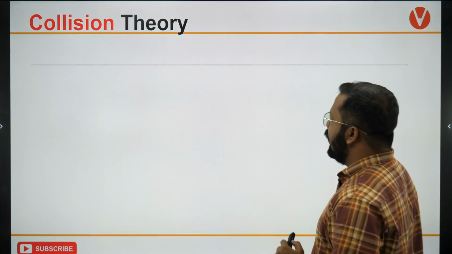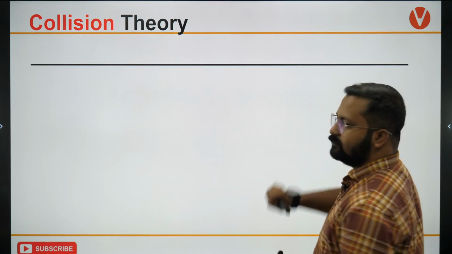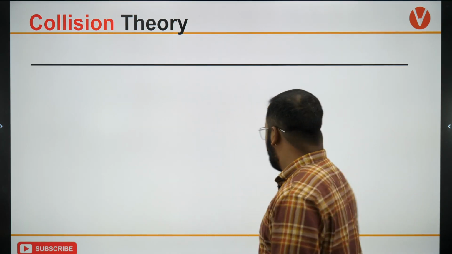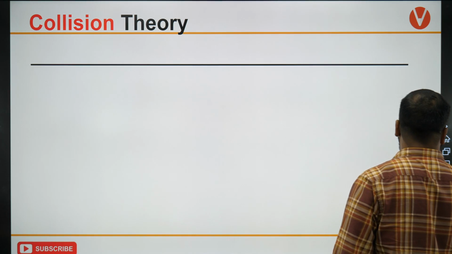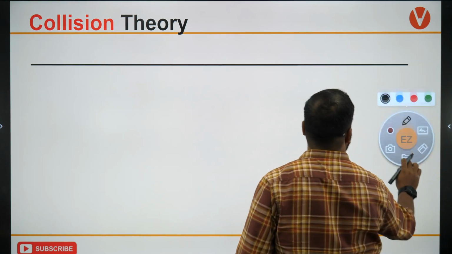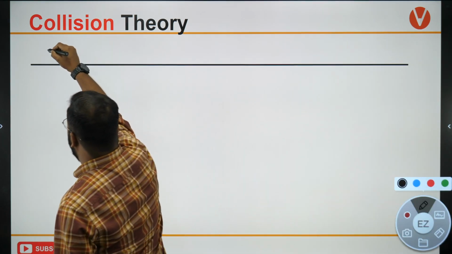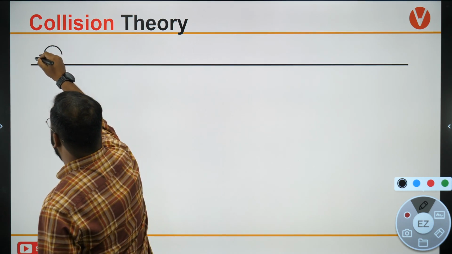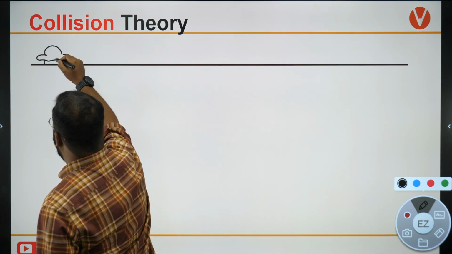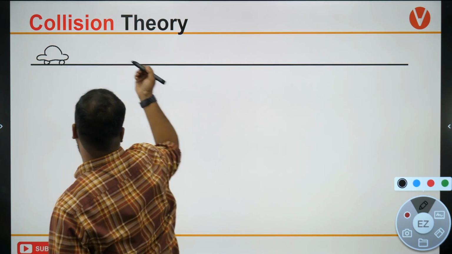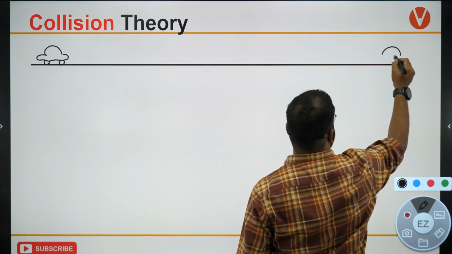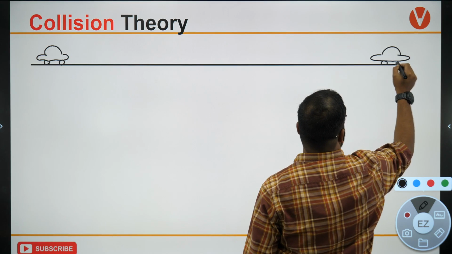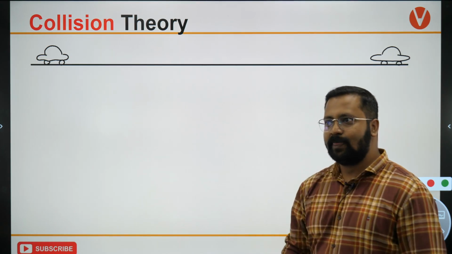So I am taking a path. एक road है. On this road there is a car. This is the best representation of a car that I can draw. It looks more like a spaceship with wheels.